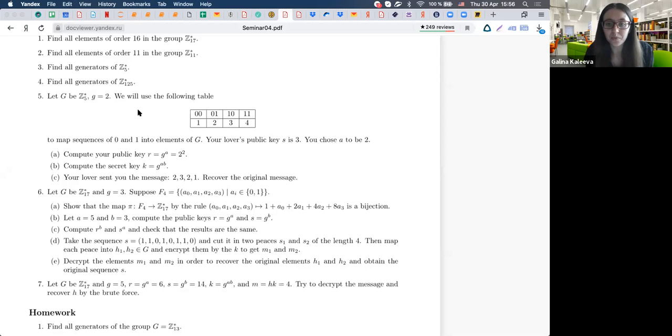Okay, so we chose a private key to be 2. So we can compute our public key, which is G to the power A, which is 2 to the 2nd power.